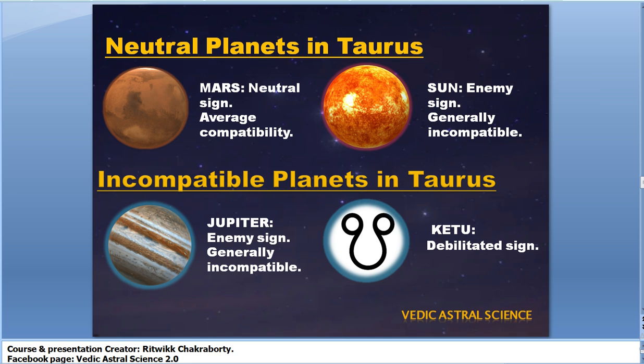Apart from that, Ketu is a significator of detachment or moksha. But sign Taurus, on the other hand, is about material accumulation, richness, wealth, indulgence, luxury, and bhog. So it is not a great place for Ketu to be, and hence should be considered incompatible.